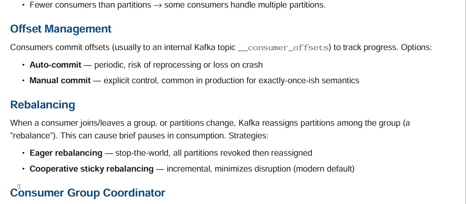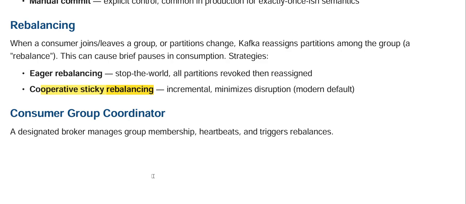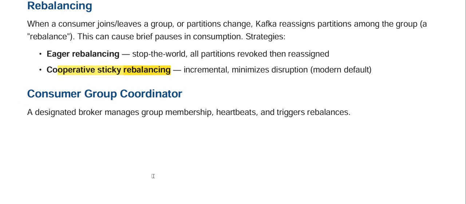Eager rebalancing and cooperative sticky rebalancing are both available. Cooperative sticky rebalancing is more modern and is the default in Kafka. Consumer group coordination: a designated broker manages the group members' heartbeats and triggers the rebalancing. So it is handled internally.